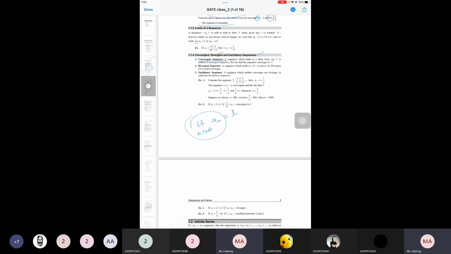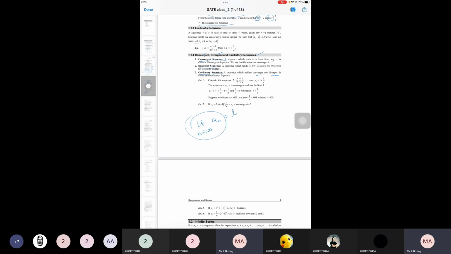An oscillatory sequence is one where we cannot conclude whether it converges or diverges. Sometimes you will get both values. For example, the sequence 2, 3 by 2, 4 by 3, 5 by 4 tends to infinity. Here we may not conclude whether it is convergent or divergent. That type of sequence is an oscillatory sequence.